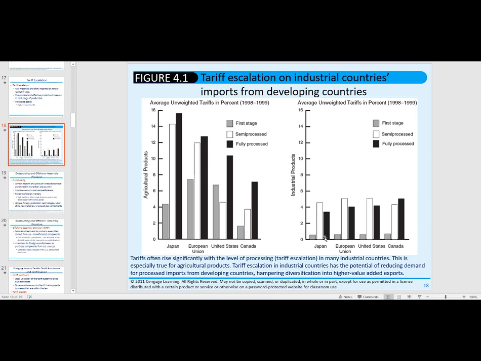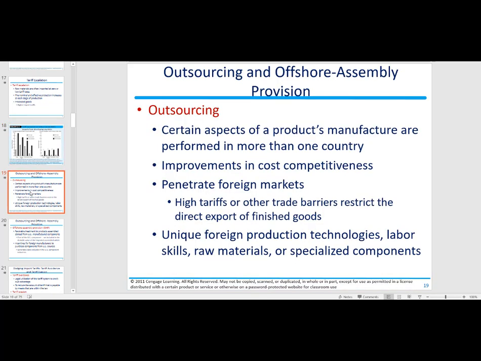Okay? So we see this pattern in Japan, the European Union, and the United States, not in Canada. Canada still follows the expected tariff escalation, whereas these other industrial nations are protecting more heavily their industries that operate in the semi-processed industrial products.